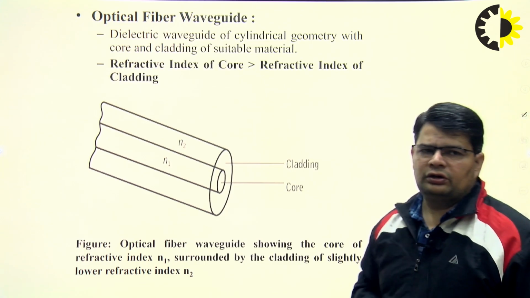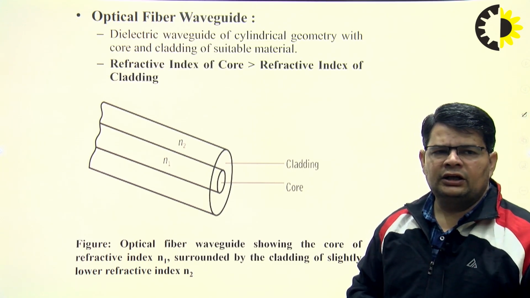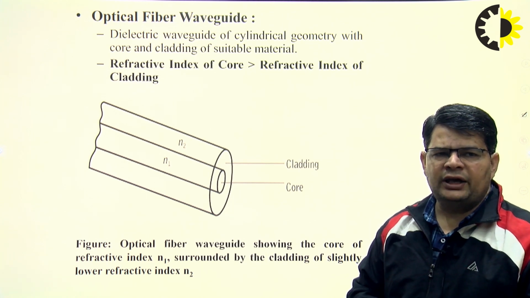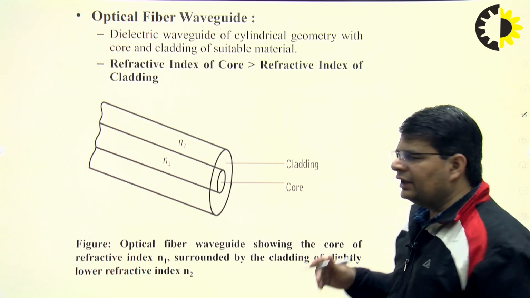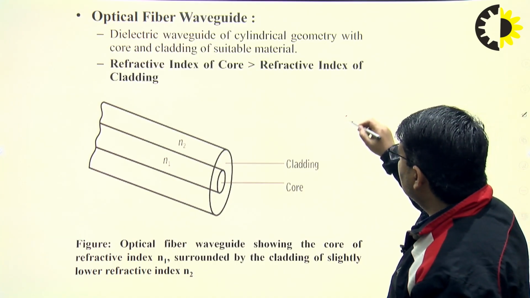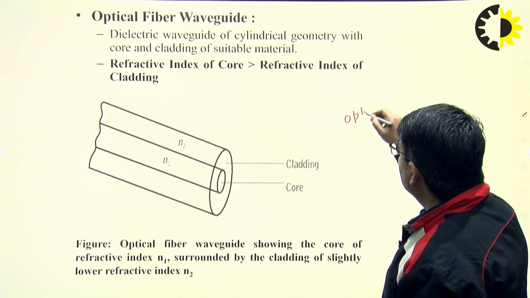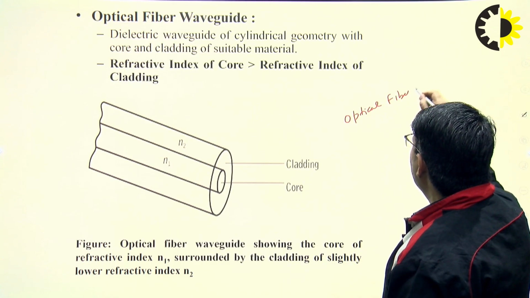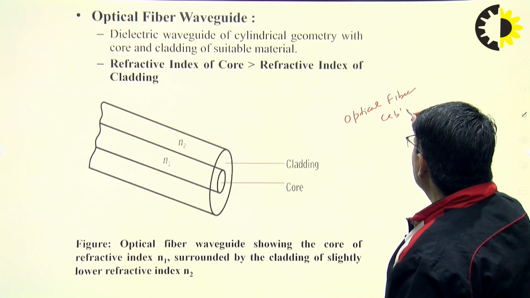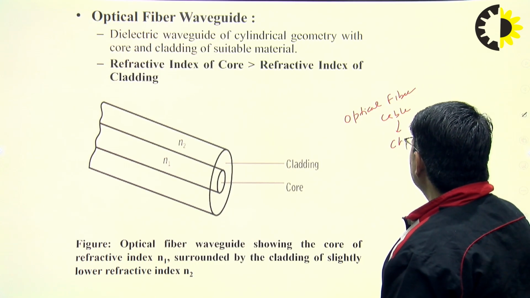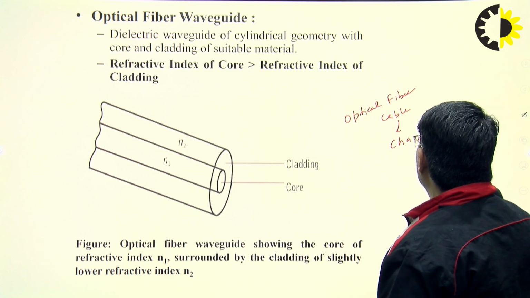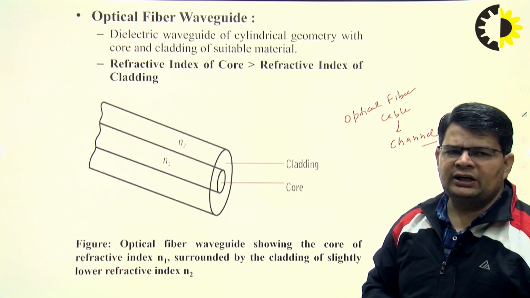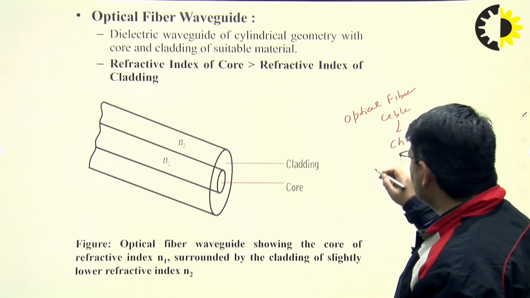So first of all, we have studied that in the optical fiber communication system, the channel is replaced by a special guided media known as optical fiber cable. So in the optical communication, we are using the optical fiber cable as a channel, and we know that this optical fiber is generally made up of glass or plastic.